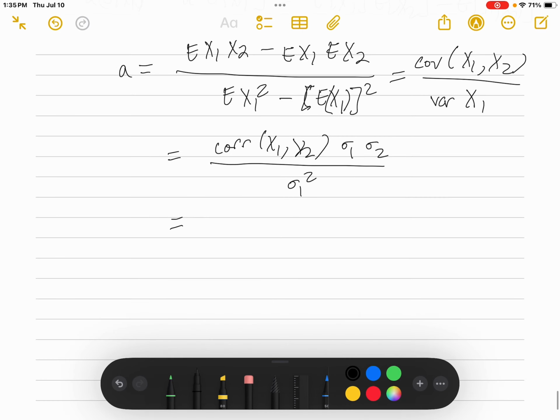So the sigma 1's cancel, and so I get the correlation of x1 and x2 times sigma 2 over sigma 1. So that's what A is.